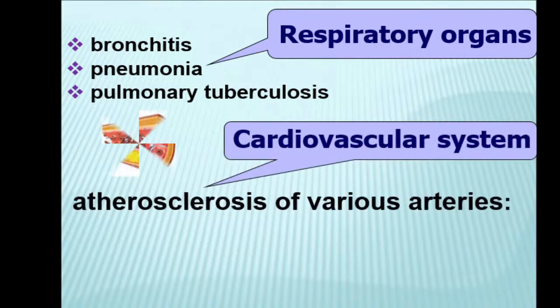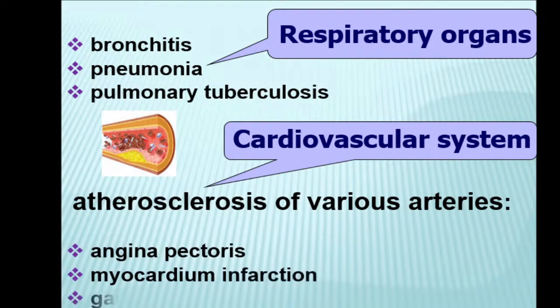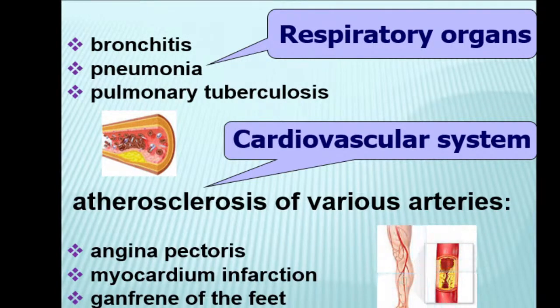Heart: atherosclerosis of the coronary vessels, manifested first of all with attacks of angina pectoris and then myocardial infarction. Atherosclerotic affection of peripheral vessels, manifested with gangrene of the feet, diabetic soles.